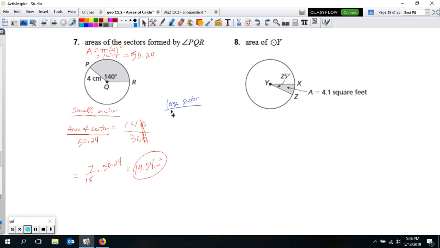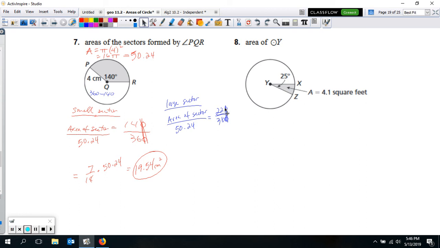Now for the larger sector, again we know it's going to use the same area right here. It's 50.24, but what's the measure of this? Well, it's going to be 360 minus 140. That's 220. So 220 over 360 is what this will equal.